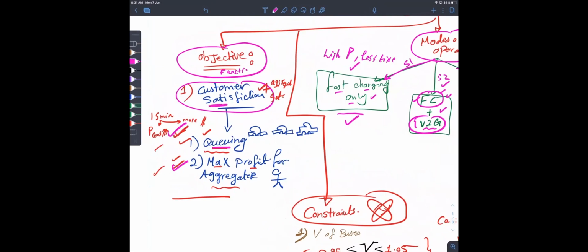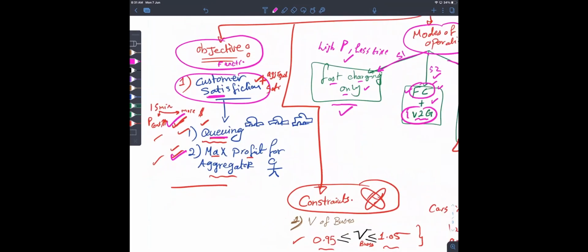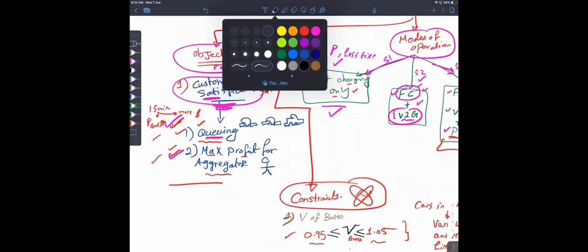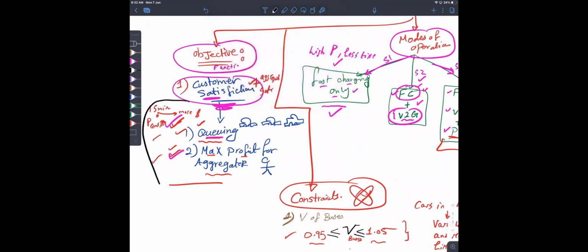Also, for the customer satisfaction, my professor told me that it may be an equation.